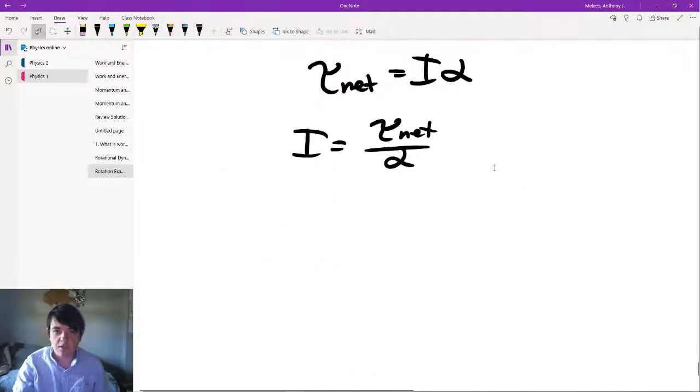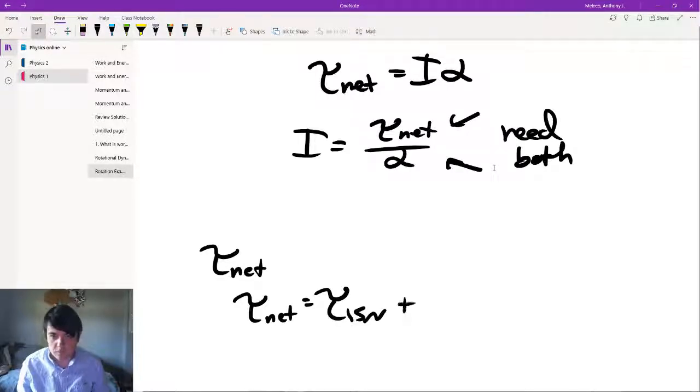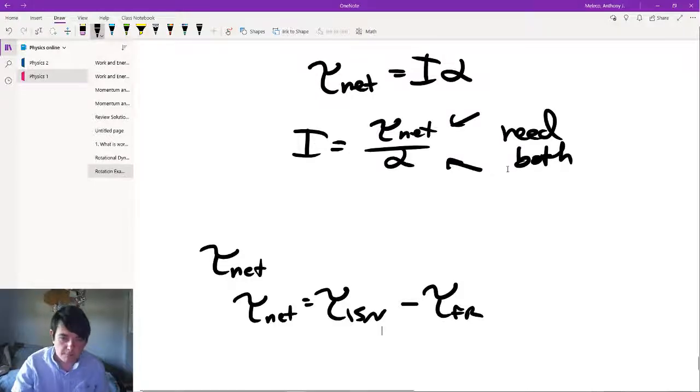Let's solve for net torque first. Net torque is going to be composed of the torque of the 15 newtons minus the frictional torque.